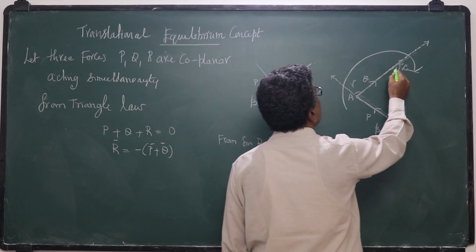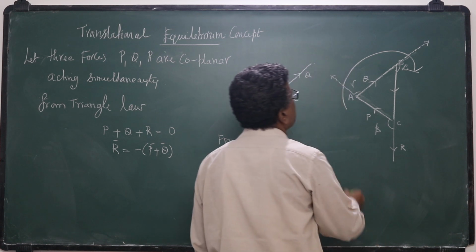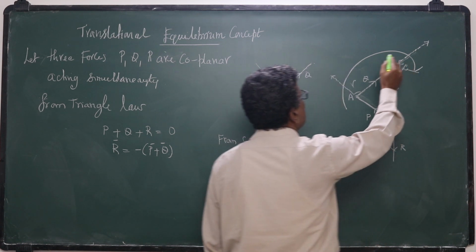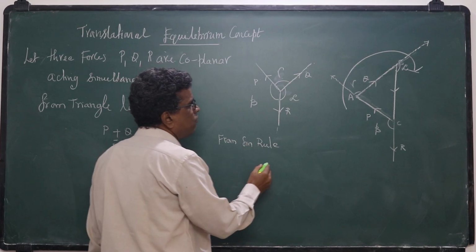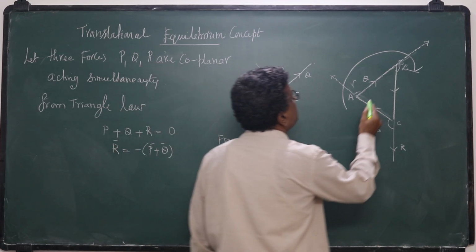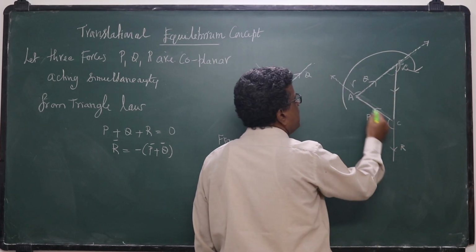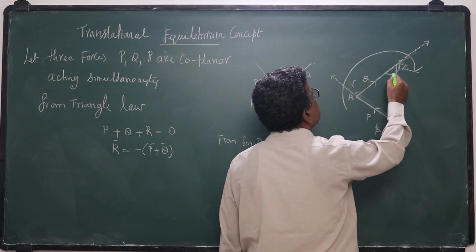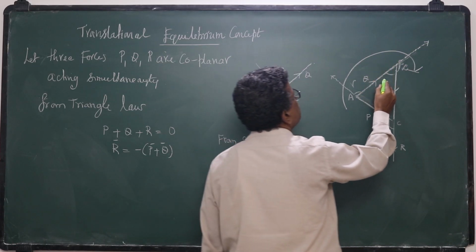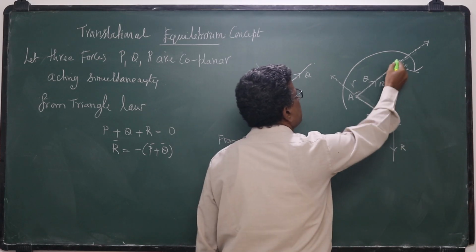I will extend this one, this is alpha. So from the sine rule we have opposite sides. If this is alpha and this is a straight line, this angle becomes 180 minus alpha. So P by sine alpha.